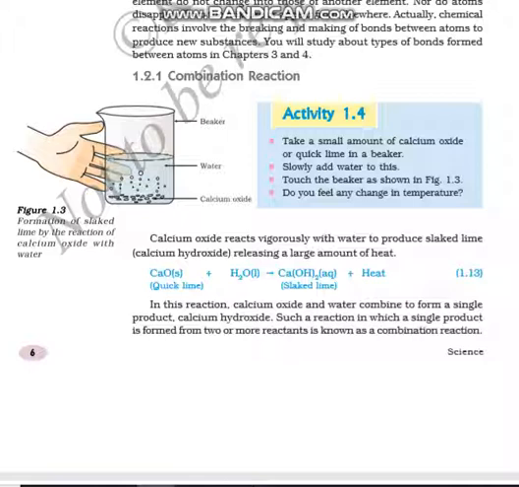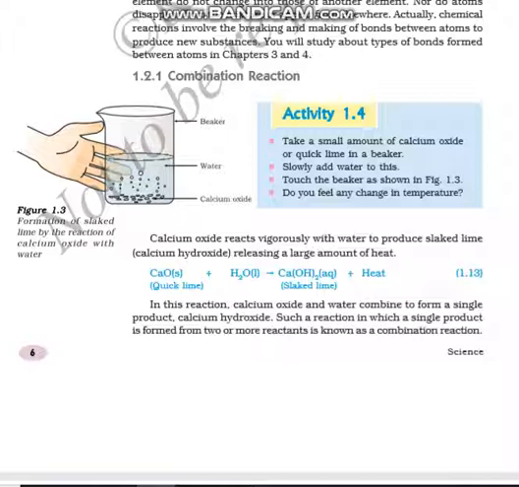Why is it called a combination reaction? Do you understand? Because in this reaction, two elements are combined. One is lime, that is calcium oxide. Second is water, that is H2O. When these two are combined, it gives rise to a product, calcium hydroxide, with elimination of heat. Right?